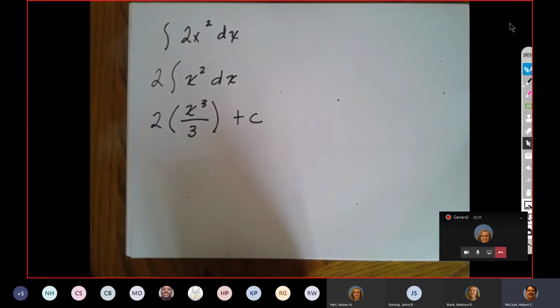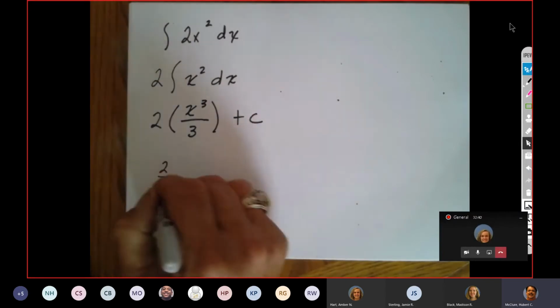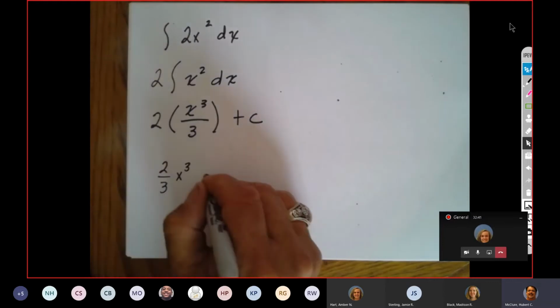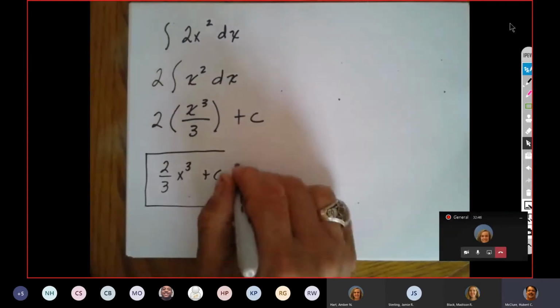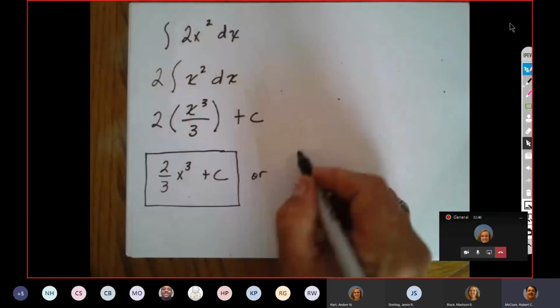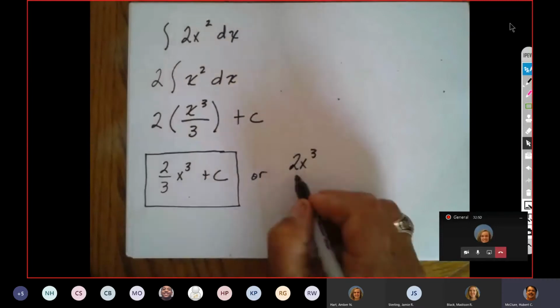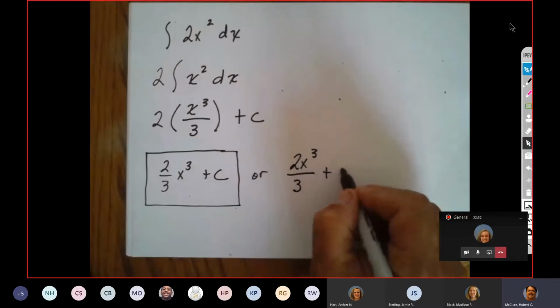Now, there's different ways to write this, since you can't cancel. I write mine like this: 2/3 x cubed plus c. Or you could say 2x to the third over 3 plus c.